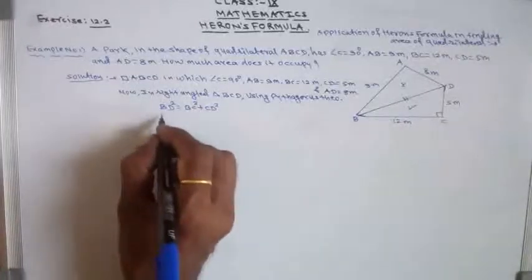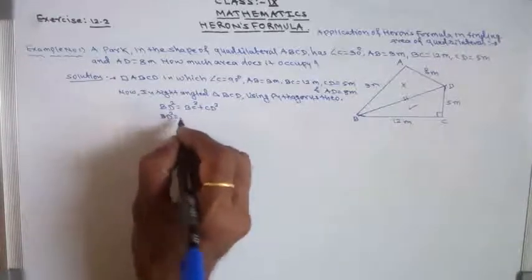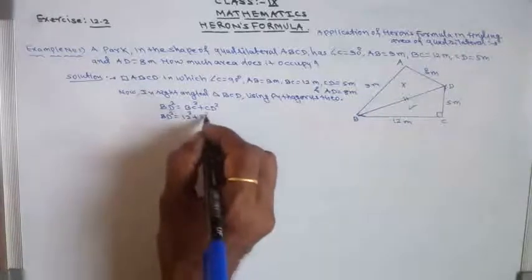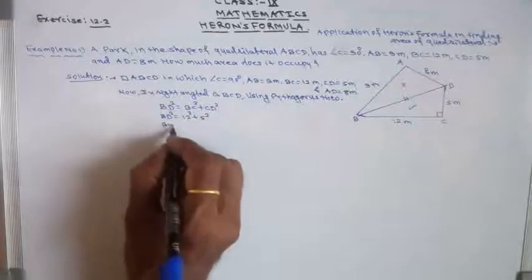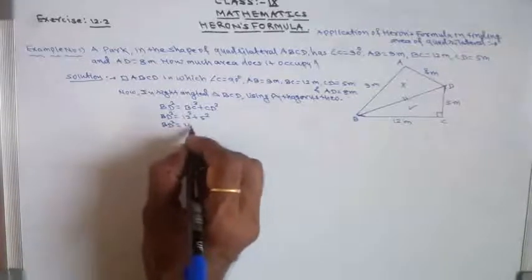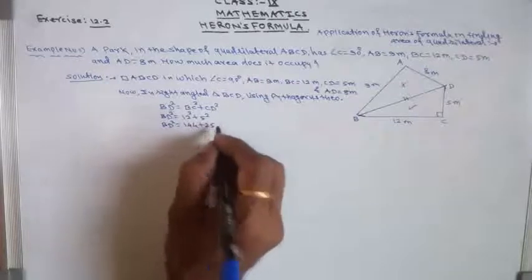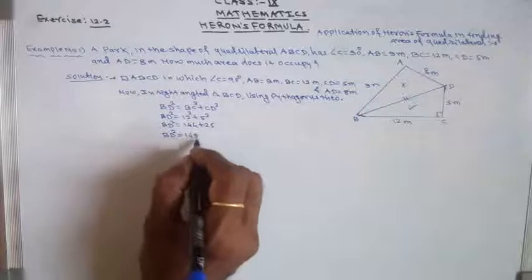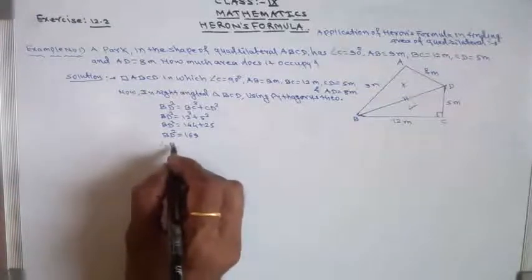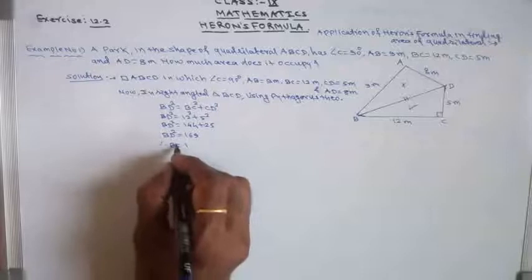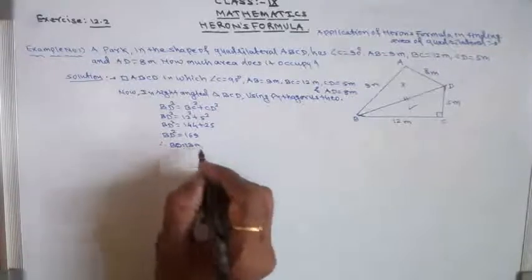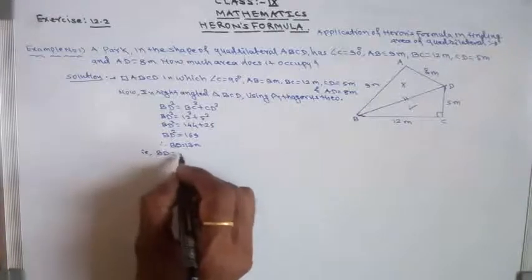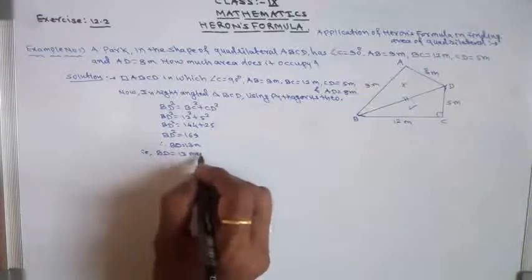So BD square equal to 12 square plus 5 square, so BD square equal to 144 plus 25. So BD square equal to 169, taking square root both the sides, therefore BD equals 13 meter.